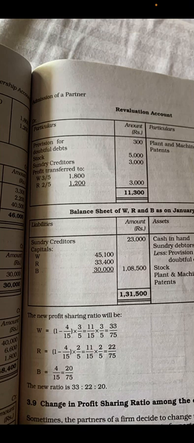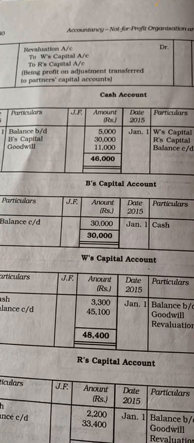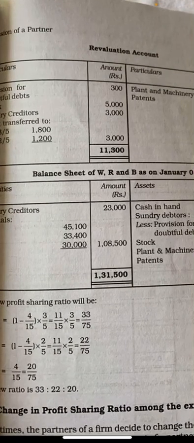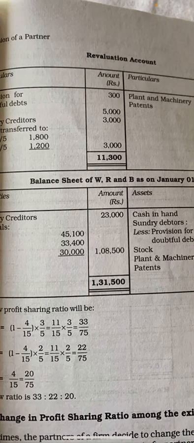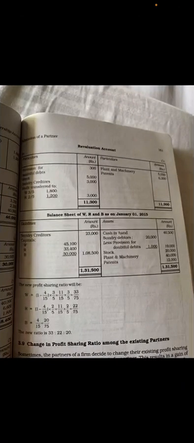And then capital amount, this capital balance you get in the partners' capital account itself, the carried down balance. So for B it is 30,000, for W it is 45,100, and for R it is 33,400. So when you total you get 1,08,500. So the total is 1,31,500 and your balance sheet will tally.